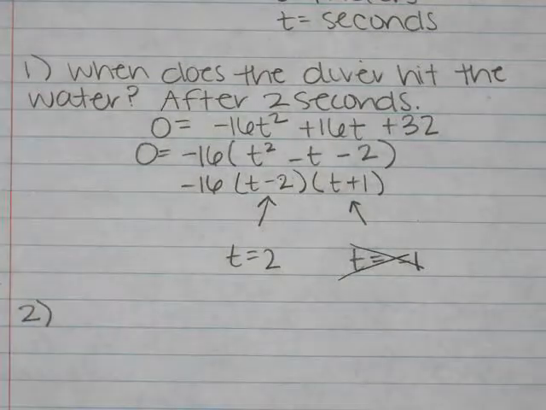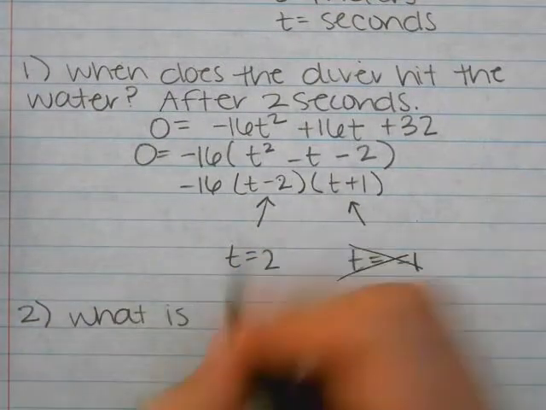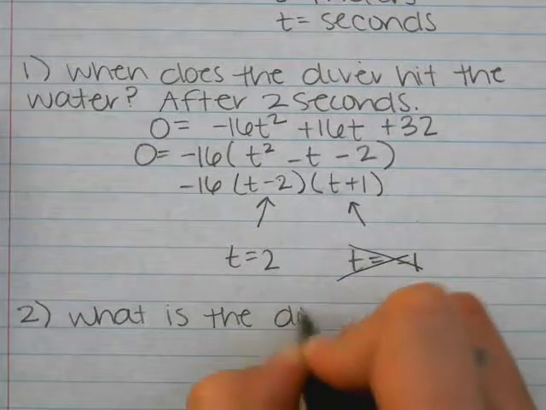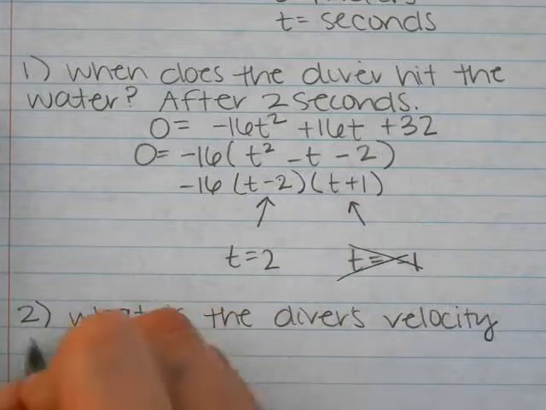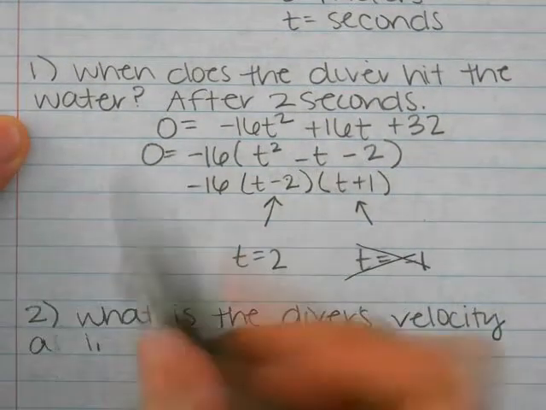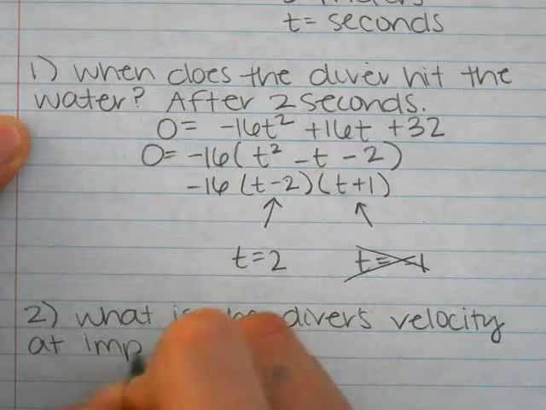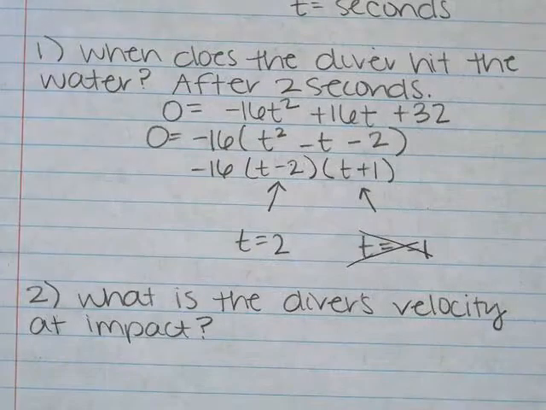The second question we want to ask, and this is the end of our notes, woohoo, is, what is the diver's velocity at impact? Okay, we're going to think about this. When they're asking about velocity, what does velocity mean?